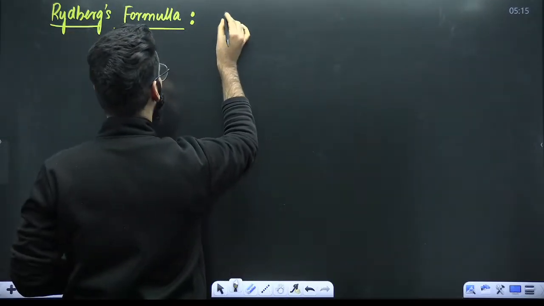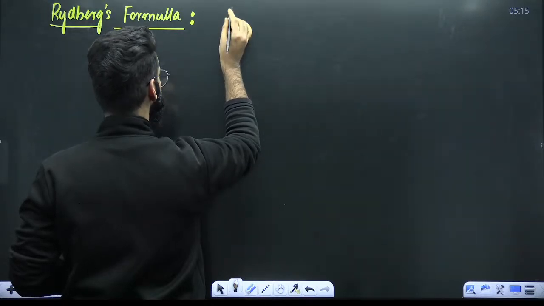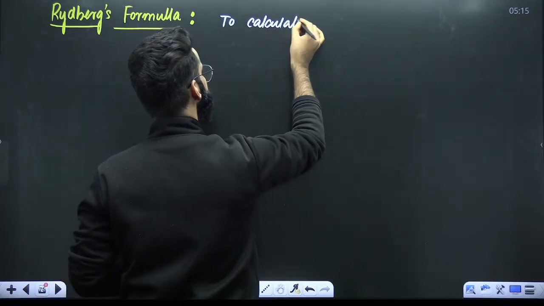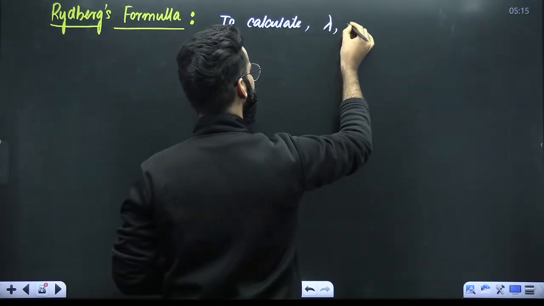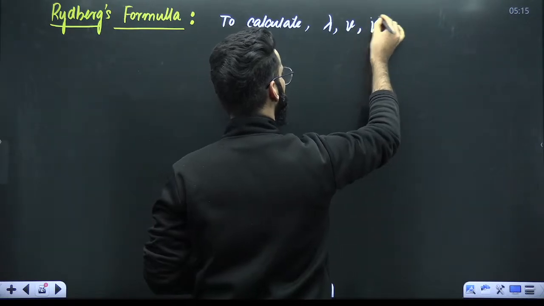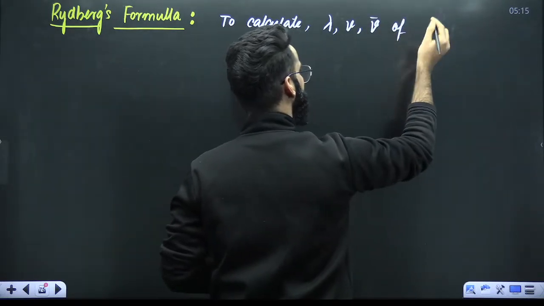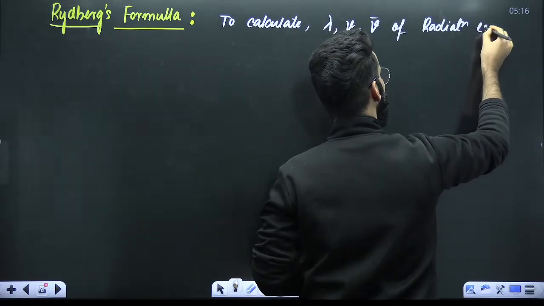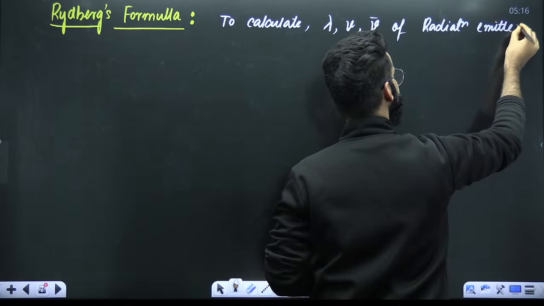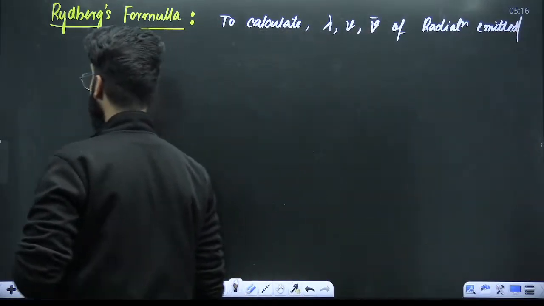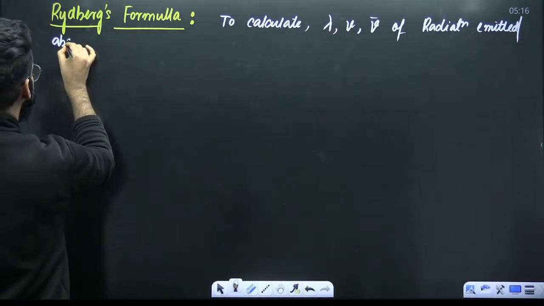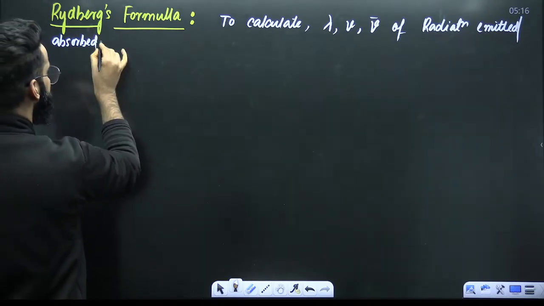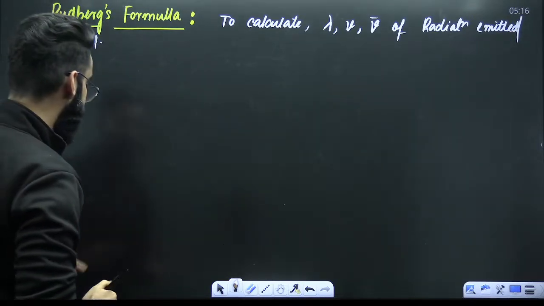I'll say this formula is used to calculate the wavelength, frequency, wave number of the radiation emitted by the electron when it makes a transition from higher energy state to lower energy state, or absorbed by the electron when it makes a transition from lower to higher, right? So for that particular purpose, I'm going to introduce the Rydberg formula.